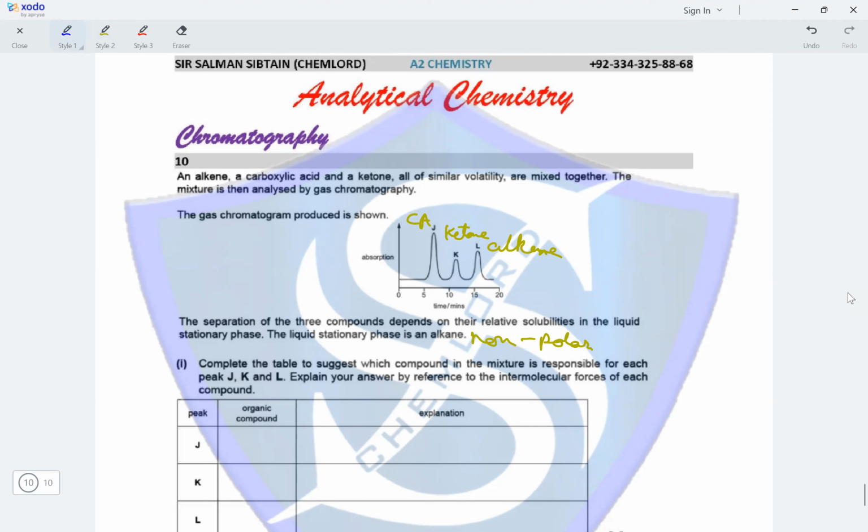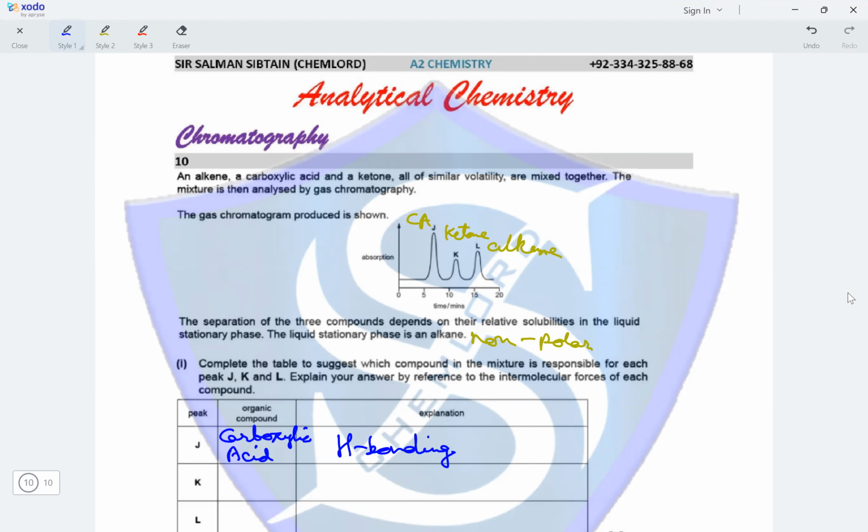Next, complete the table to suggest which compound in the mixture is responsible for each of peaks J, K, and L. Explain your answer by reference to the intermolecular forces of each compound. So compound J is the carboxylic acid due to the presence of hydrogen bonding in it.